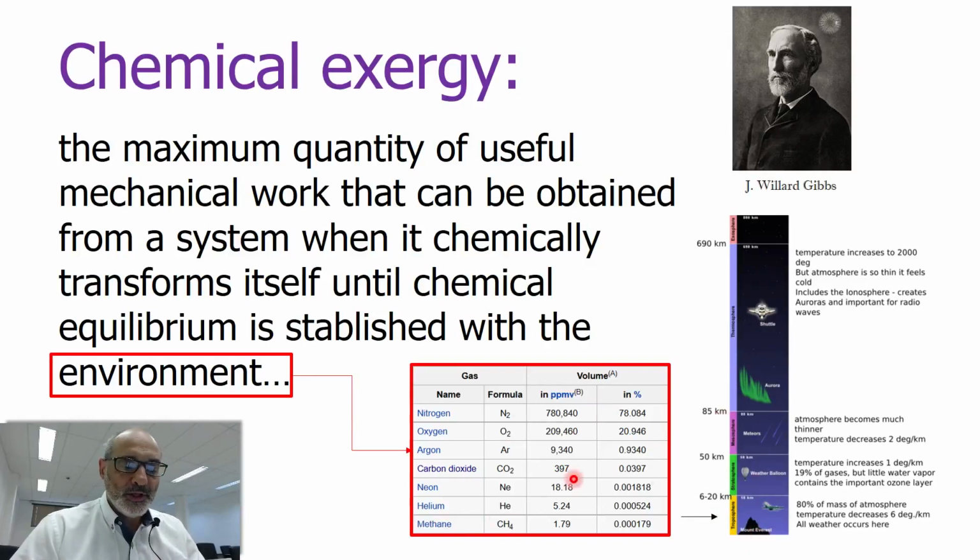So this traditional composition, 78, 21, 1%, if you want to consider 3 components, nitrogen, oxygen, and argon, okay? This refers to the troposphere, which contains 80% of Earth's atmosphere.